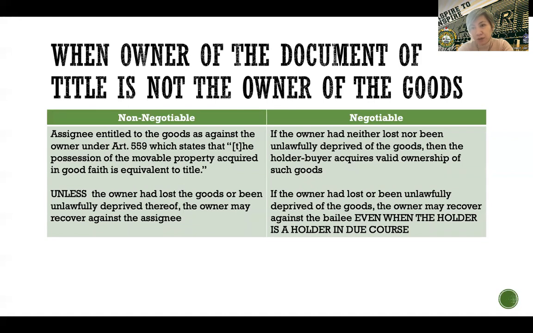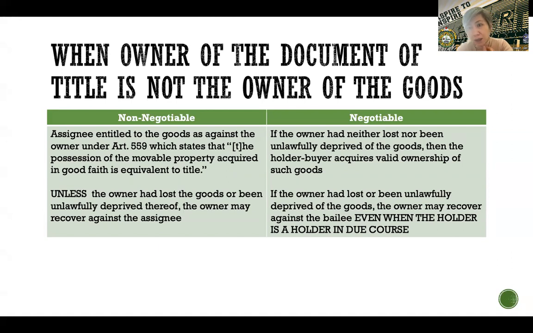If it's a negotiable document of title, if the owner had neither lost nor been unlawfully deprived of the goods, then the holder buyer will end up acquiring valid ownership over such goods. Okay, but if that's not the case, then the owner can recover as against the bailee, even when the holder is a holder in due course.